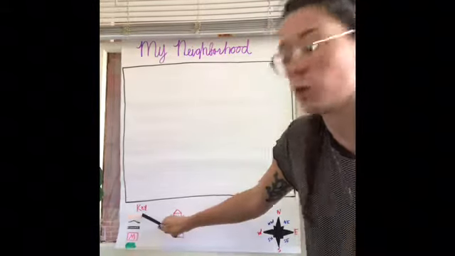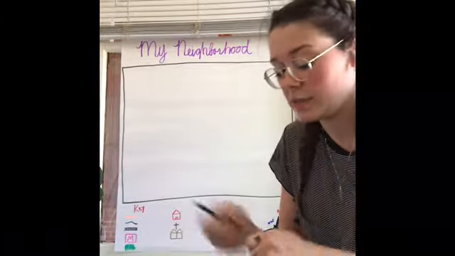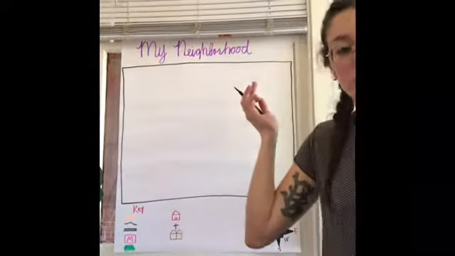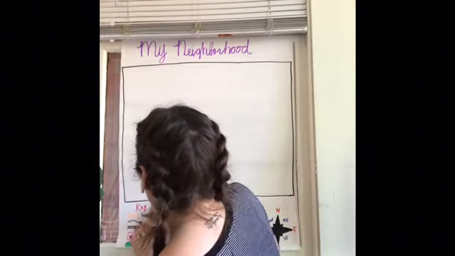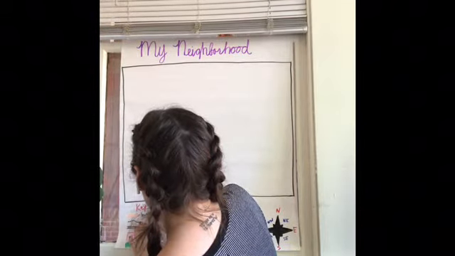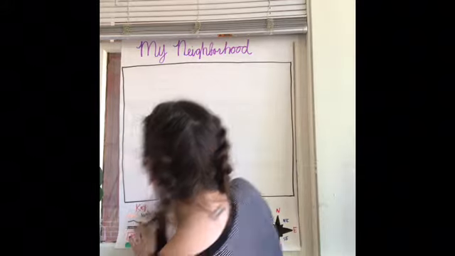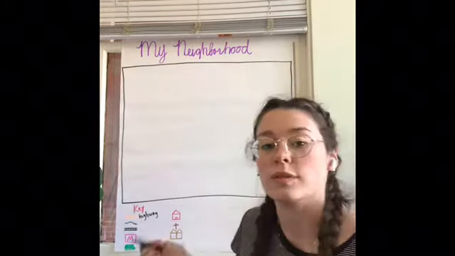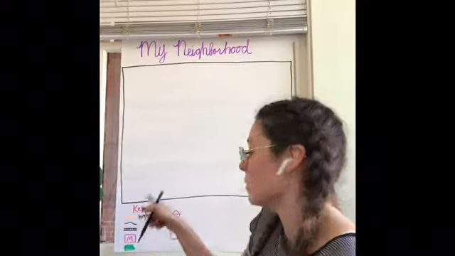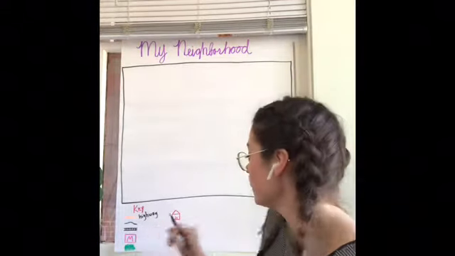So here we have some orange lines, which I am going to make as the highway that runs a little bit north of my house. Okay, so I'm going to write highway. Because if our pictures are here without labels, then we don't know what they mean. Okay, so we have to make sure that we label our key.